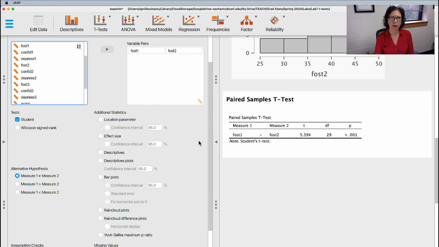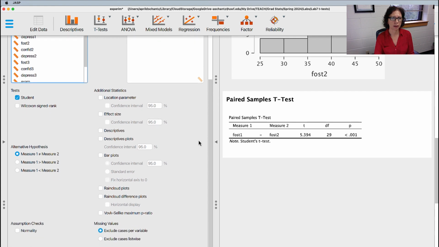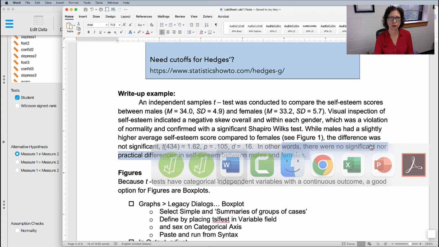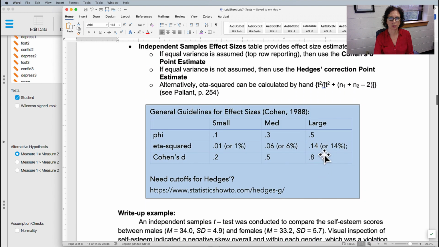Now, one thing we want to get here is our effect size. So there's our Cohen's d at 0.985, and that would be considered, according to our little cutoffs, large. So that's a large effect of the difference between time 1 and time 2 from that intervention between.